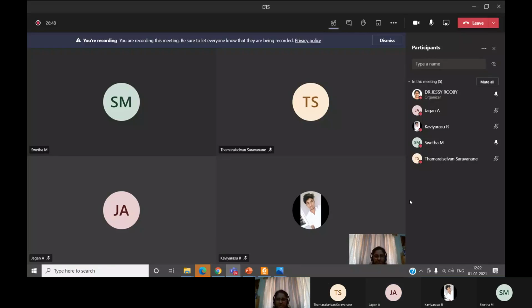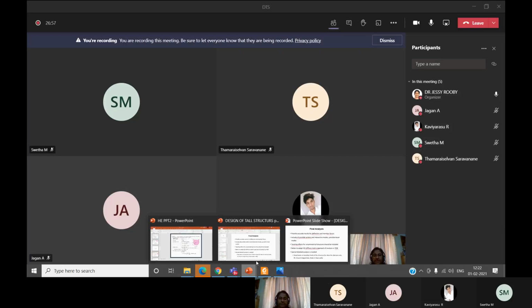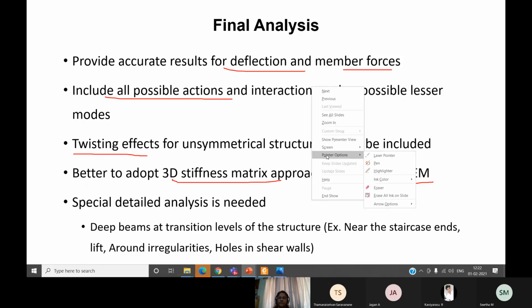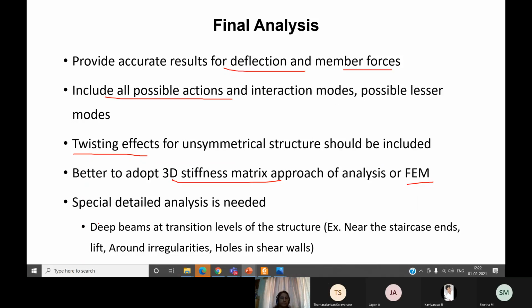So that's what we are discussing here also. When you have to do an accurate analysis for a tall structure, the final accurate analysis can be done using a finite element method of analysis. But when you do an accurate analysis, special attention has to be given, and a special detailed analysis is needed for deep beams at transition levels of the structure.